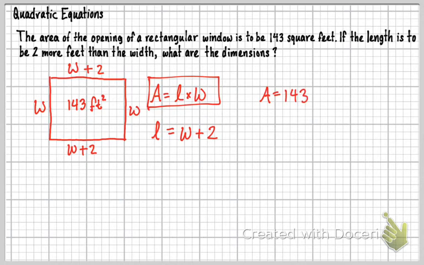Now, the way I can use that formula, I should say these two formulas together, because that's what I'm going to do, I can get, and I'll write it down below here, 143 equals, my length is W plus 2, so I'm going to plug that in instead of the length.